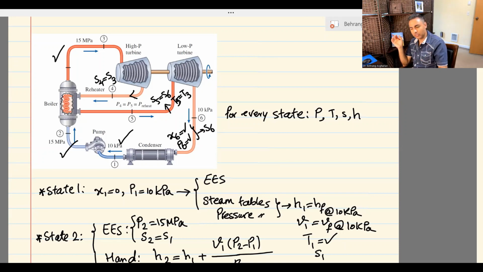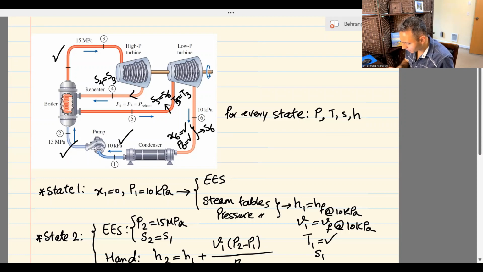If you go back and look at the TS diagram, it was the same thing. But if you don't have the TS diagram, you can write it down that when you are dealing with a high pressure then low pressure turbine, the steam coming out of the high pressure turbine is for sure still superheated, even if you got some work out of it.